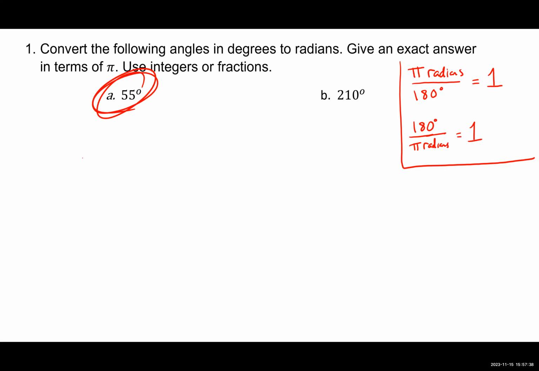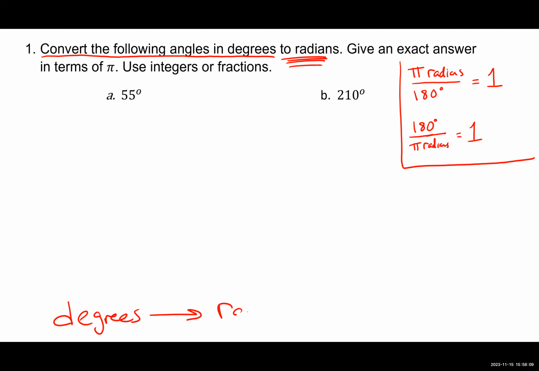So 55 degrees times 1 is equal to itself, 55 degrees. It doesn't change the meaning of the angle. Okay, but that's not what we want to do here. What we want to do is convert the following angles in degrees to radians. So we want to go degrees to radians.